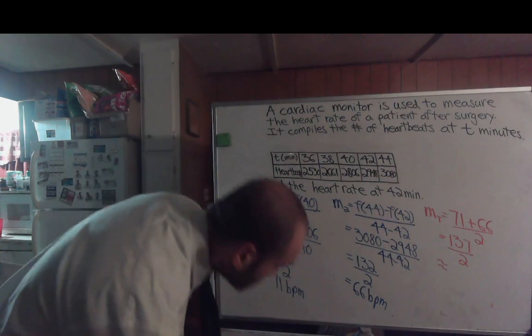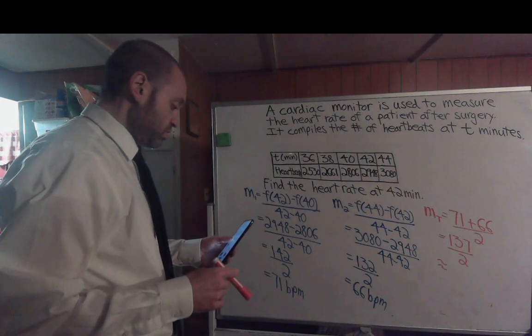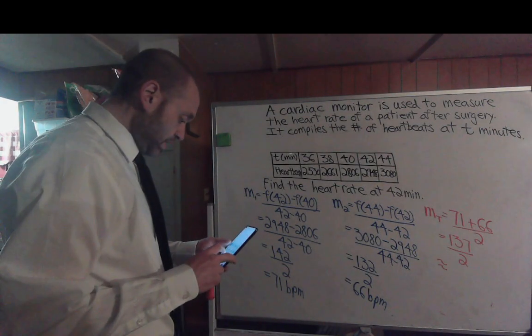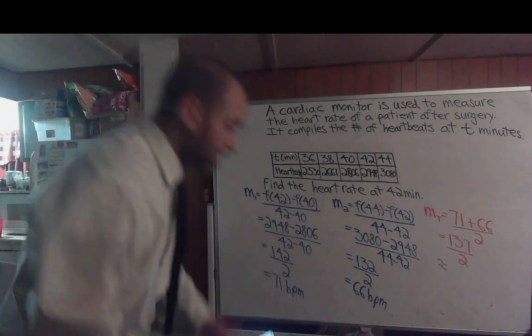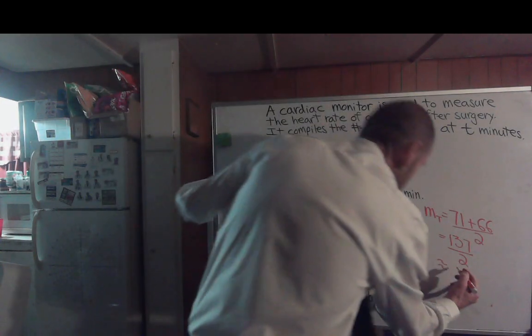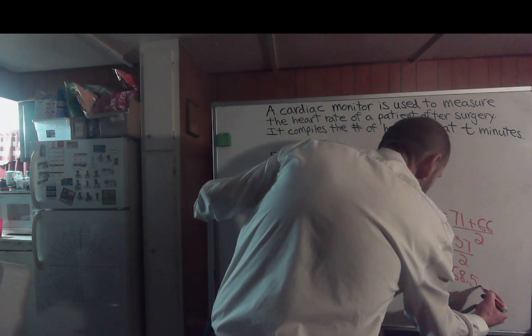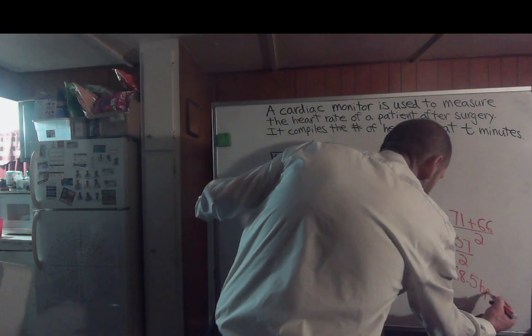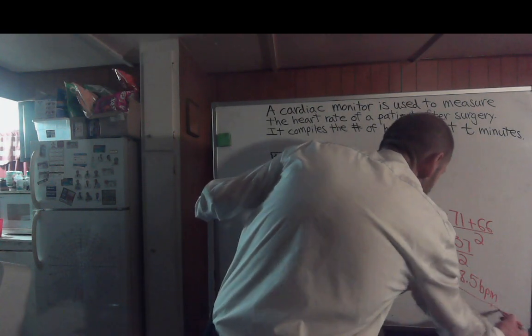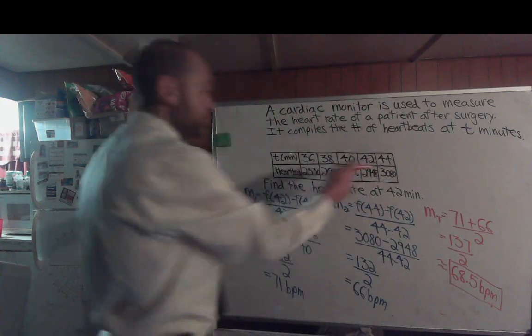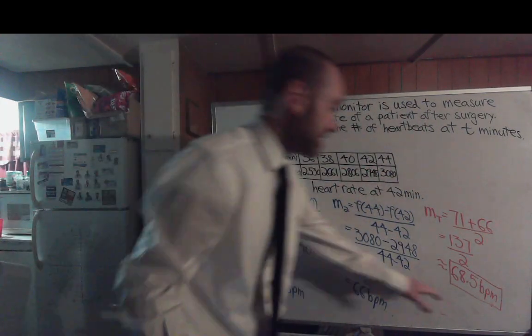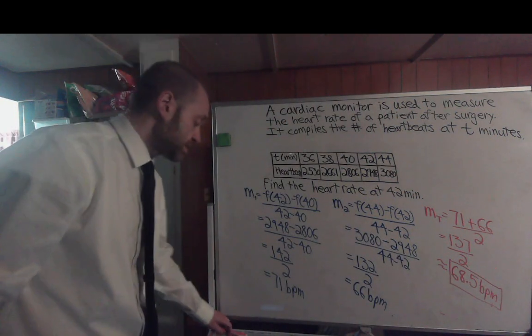What is 137 divided by 2? That's about 68.5 beats per minute. So the average heart rate at 42 minutes is about 68.5 beats per minute.